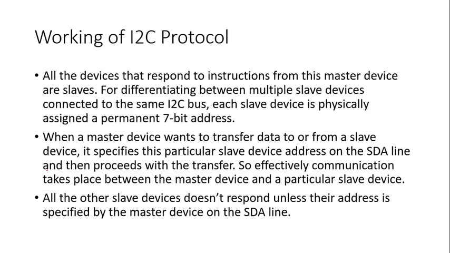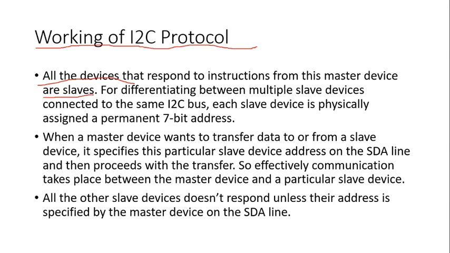Then how is the I2C protocol actually implemented? First, all the devices that respond to the instructions from the master device are called slaves. There is one controller present and different peripherals present.